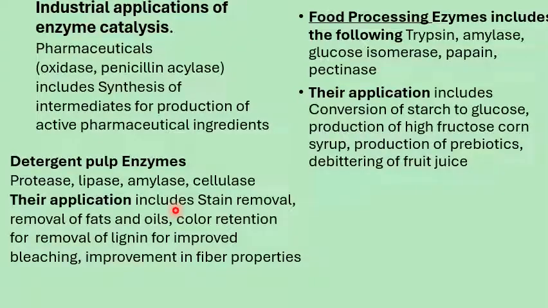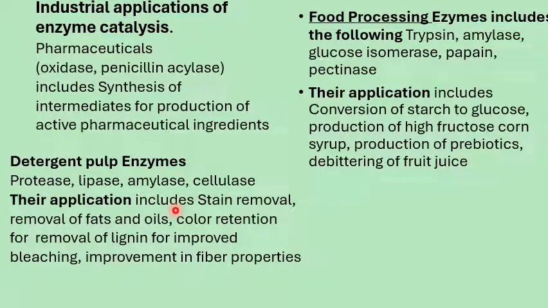They also help in color retention in certain industrial products. They can be used as detergents because of their ability to remove certain stains, rather than using chemicals as bleaching agents.